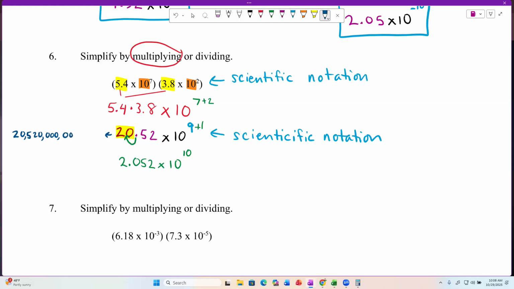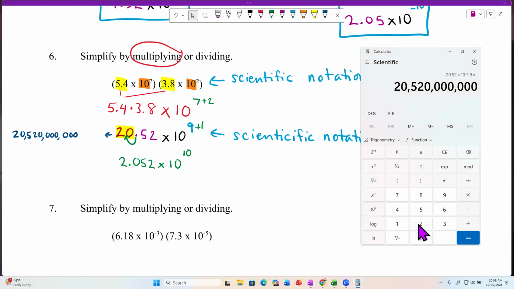And then let's make sure that 2.052 times 10 to the 10 gives me the same thing. It's the same thing: 20,520,000,000. They're the same.